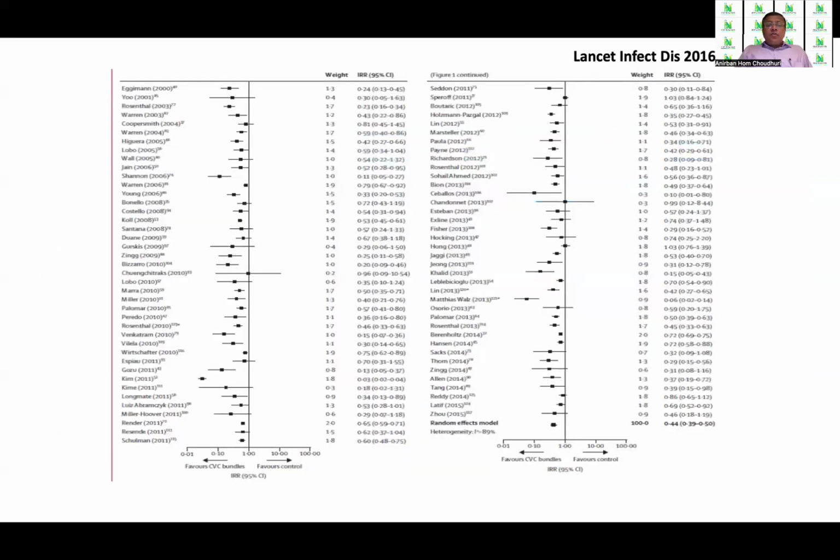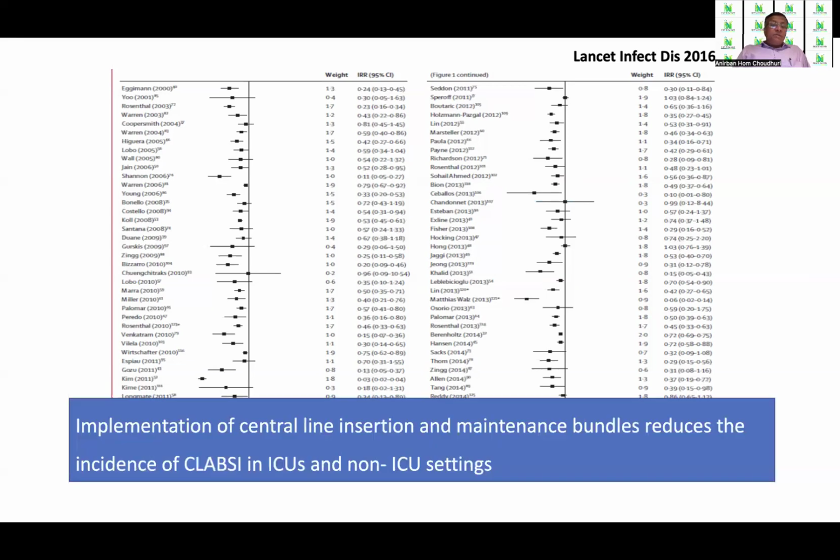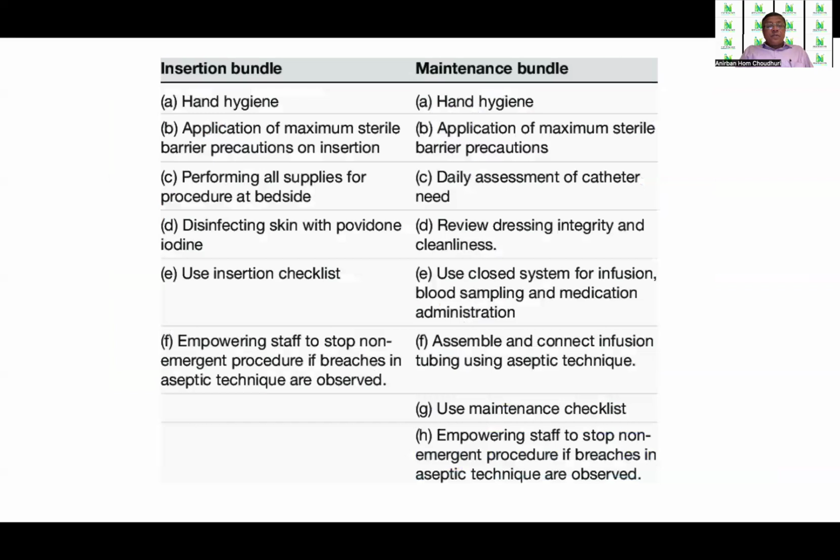If you look into the studies, this meta-analysis has incorporated 57 studies to show that implementation of central line insertion and maintenance bundles reduces the incidence of CLABSI in ICUs and non-ICU settings. So when we look into the insertion bundle and maintenance bundle, what are these?